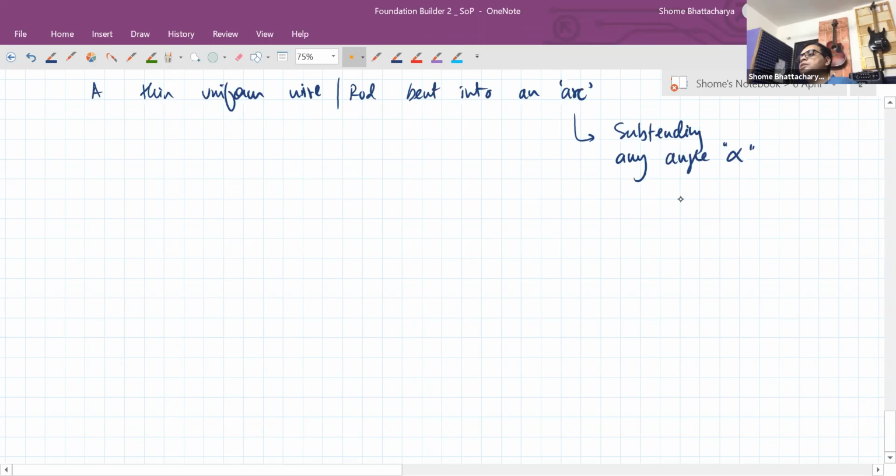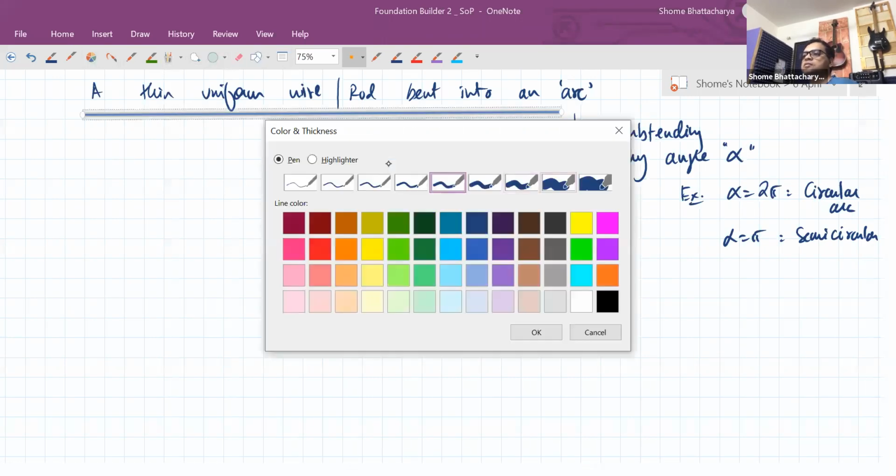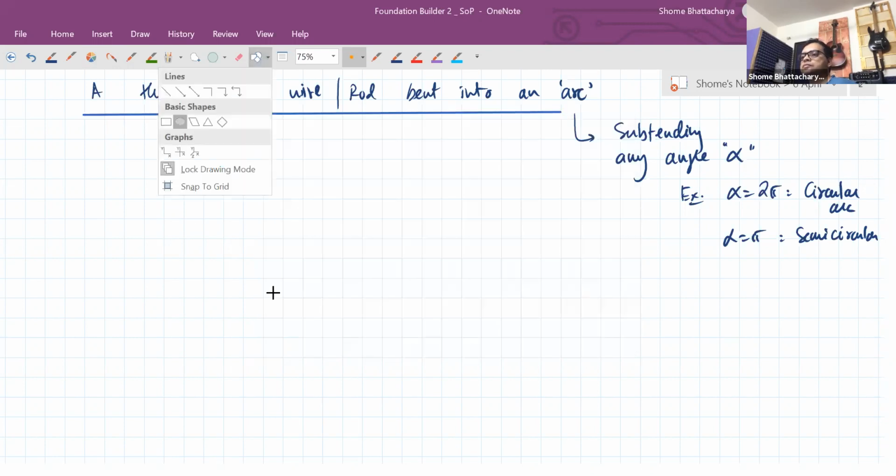For example, if alpha is 2 pi, then it's a full circular arc. If alpha is equal to pi, it's a semicircular arc, the one we just saw. But it could be any arbitrary value also. So how do we find the position of the center of mass of this? It's the same technique, but with a bit of modification. Let's understand that modification.